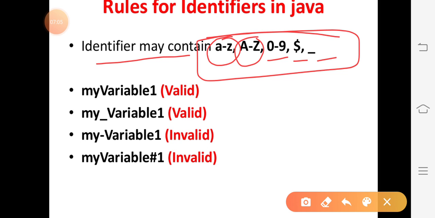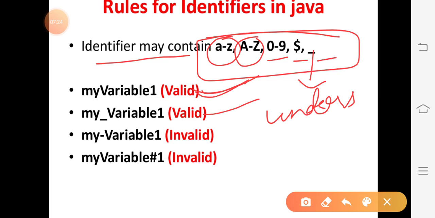Now if I say example, myVariable1, it is valid, you can use it, okay? If you are writing my_variable1, it is again valid. If you are writing my-, so dash is not allowed because here it is what? Underscore sign. So there is a difference between dash and underscore, okay?